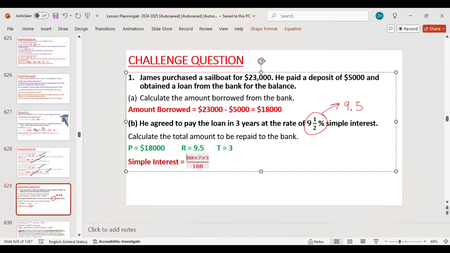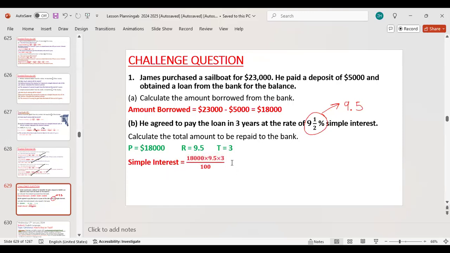All right. So we say 18,000, right? Multiplied by 9.5, multiplied by 3, all over 100. We can cancel, right? Only two zeros.